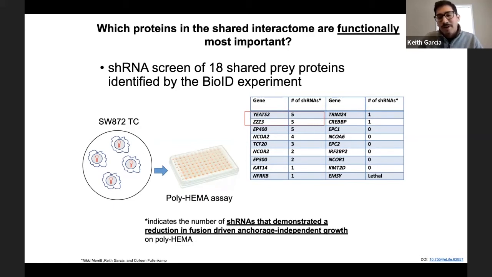And so we utilized 5 shRNAs to test this, targeting these genes/proteins, and we rank ordered them. So the more shRNAs that prevented the fusion's ability to drive anchorage-independent growth, the more confident we were that these interactors were important in its function. And so briefly, the top hits that we observed in which all 5 shRNAs abrogated TAZ-CAMTA1's ability to drive anchorage-independent growth were these 2 proteins, YEATS2 and ZZZ3.